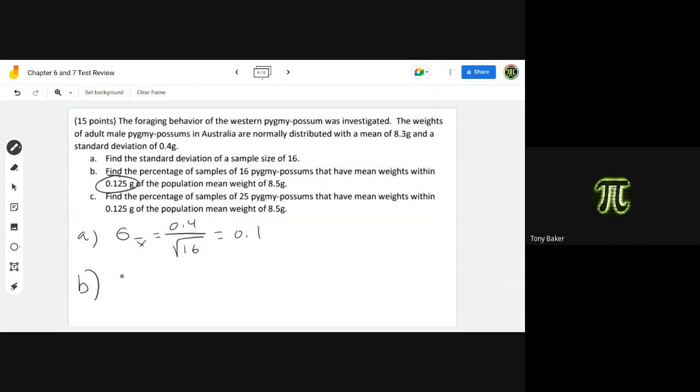So I'm just going to take the 0.125 and divide it by the 0.1, and that's going to give me how many standard deviations on either side. And that's 1.25. And since I want both sides, it's plus or minus that. So I have to do it both directions.